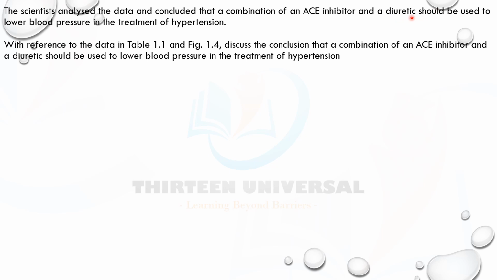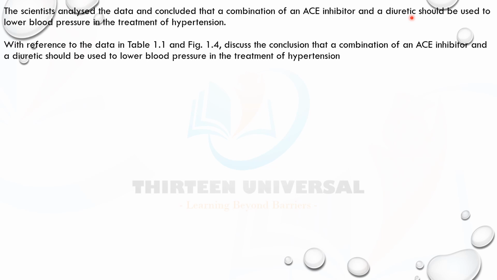But there are other aspects which contradict the conclusion: there are no error bars to check whether there's a significant difference, no statistical test used, and no long-term effect stated.